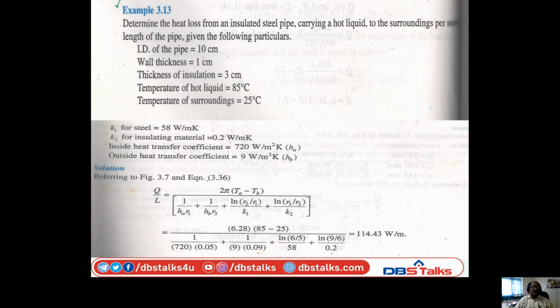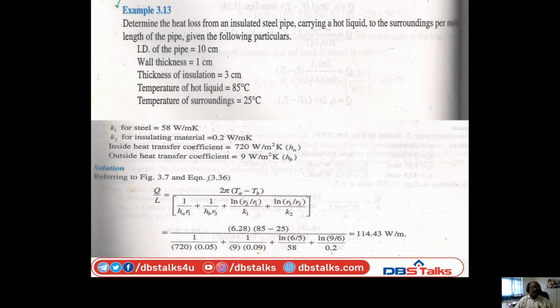He has given the particulars. Inner diameter 10 centimeters, wall thickness 1 centimeter. From this we can find the outer diameter, and the thickness of the insulation is 3 centimeters. Temperature of the liquid inside, T1, is 85 degrees centigrade. Temperature of the surroundings, T2, is 25 degrees centigrade. You should draw the diagram.